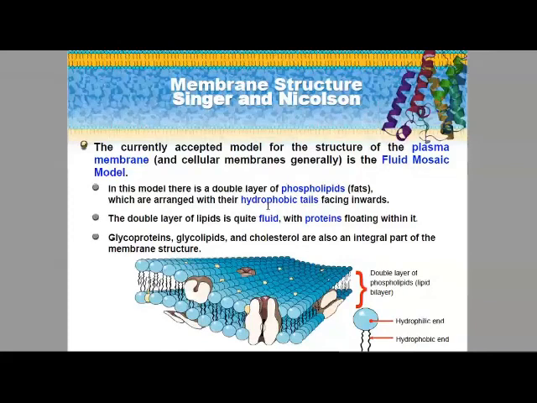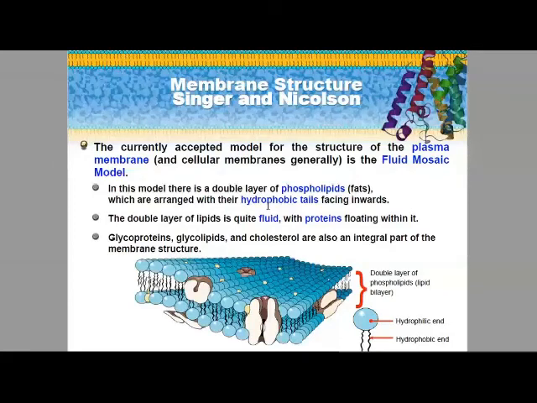So later on, there was another attempt to describe the structure of the plasma membrane, and this was by Singer and Nicolson. That is the currently accepted model for the structure of the plasma membrane.